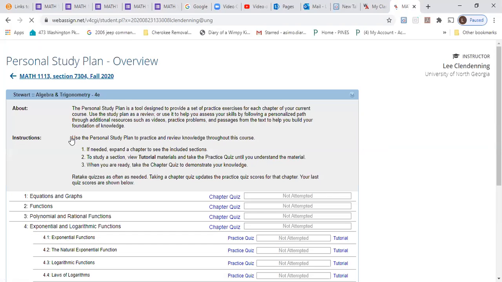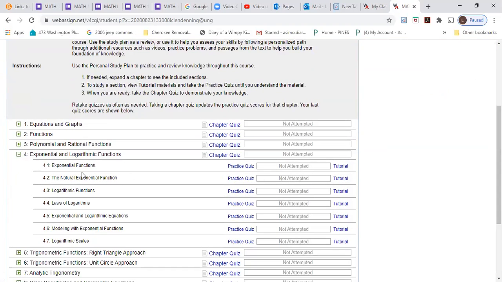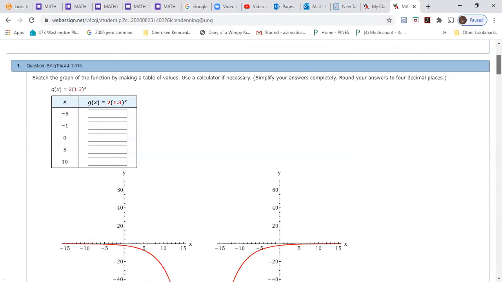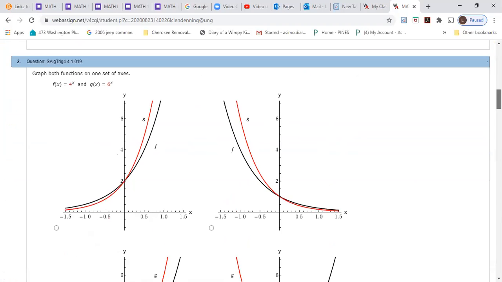And so if I click here, we are going to work on the practice quizzes. Our very first two for this week were practice quizzes for 4.1 and 4.2. I didn't write down the assignment, can't remember, but you enter your answers here.